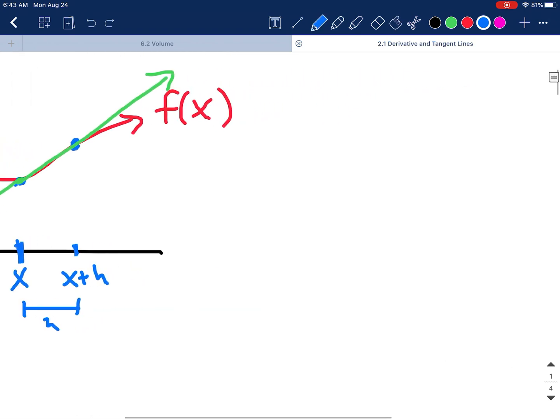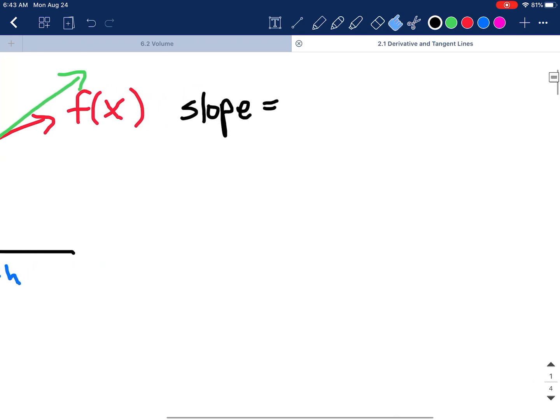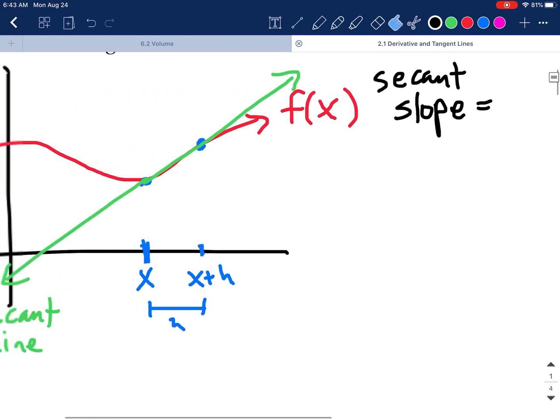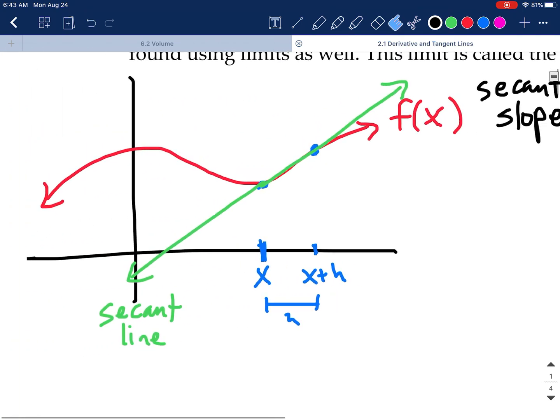So let's make a quick note over here then. The secant slope is going to equal, well, let's label a little bit more here. We'll note this is f of x, wherever x is located.